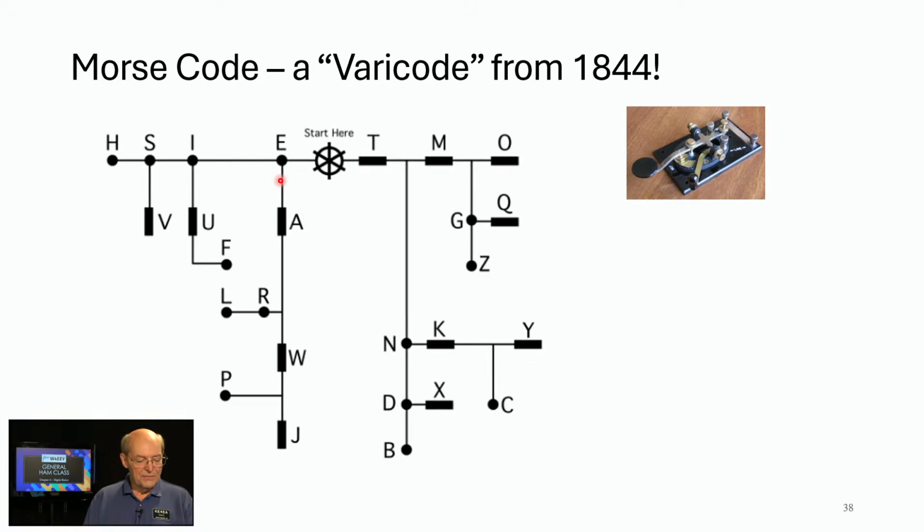That's the letter E, or a DIT, as it's called. So it's very easy to send the letter E, which happens to be the most common letter in the English language. It can happen very quickly. On the other hand, a T is a single dash. Let's go to the other end of the map now and look at something more complicated like a J. A J is a lot nastier in Morse code.